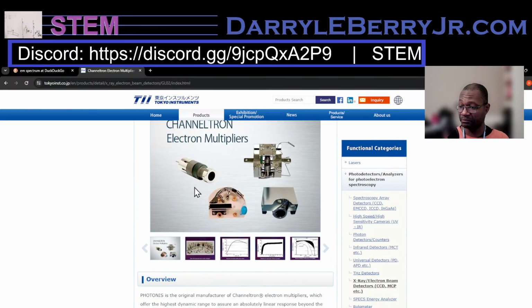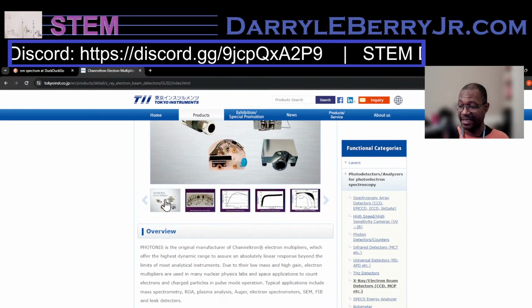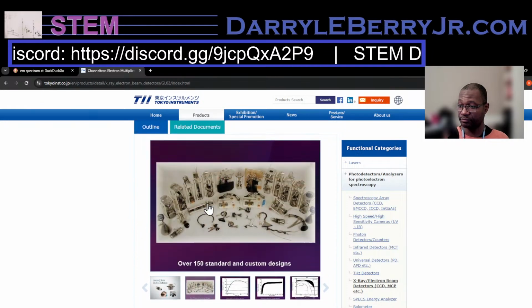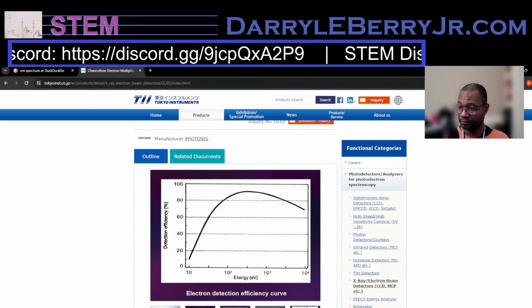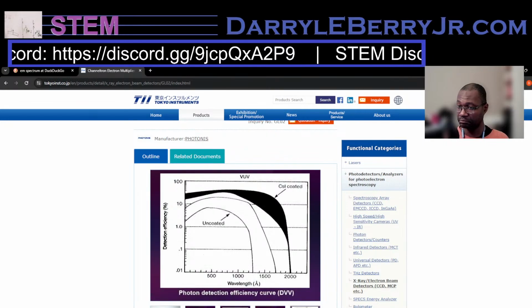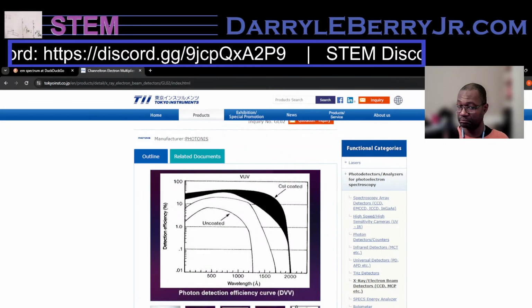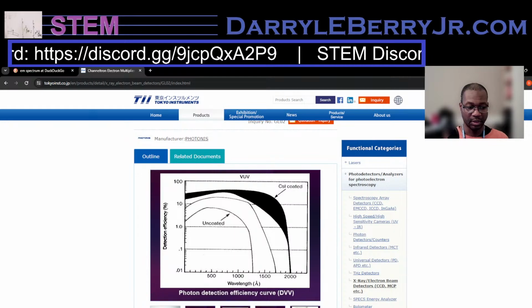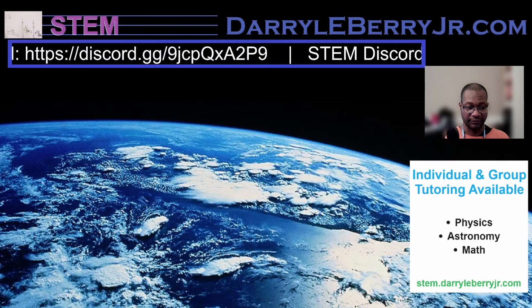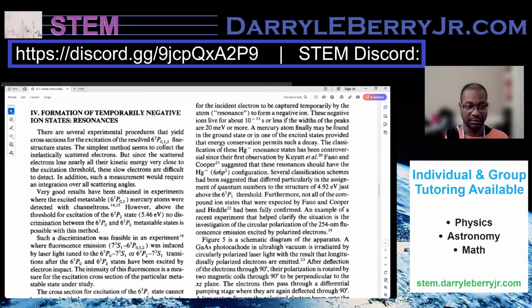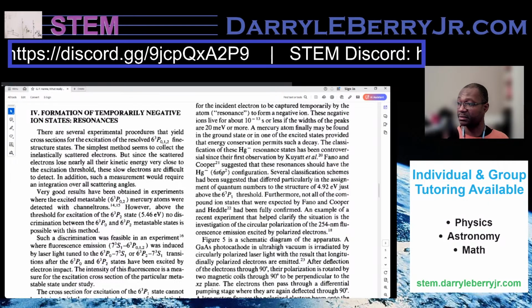Okay, it's another device for detecting particles. Pretty straightforward. It's interesting all the different devices that they have made to detect all of these things.